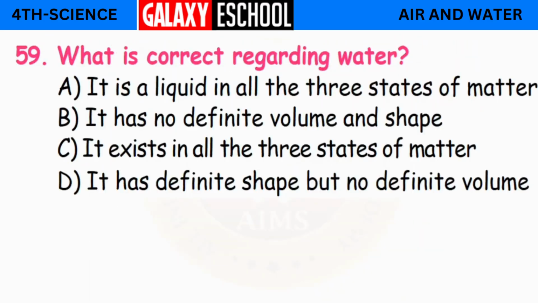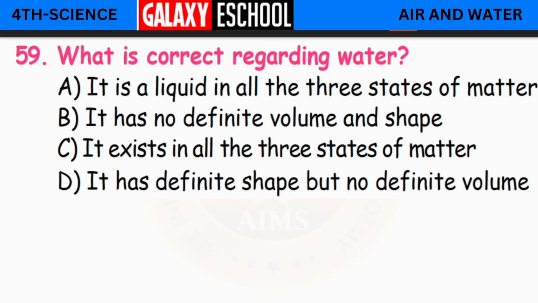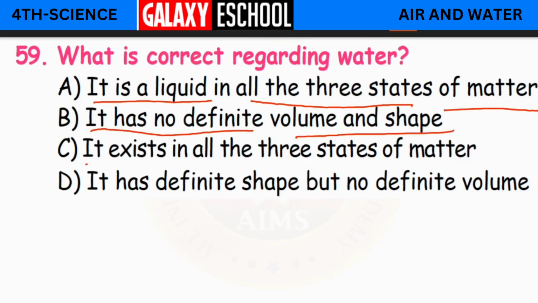59th question. What is correct regarding water? You have 4 statements in the answer. So which statement is correct? It is a liquid in all 3 states of matter. It has no definite volume and shape. It exists in all 3 states of matter.